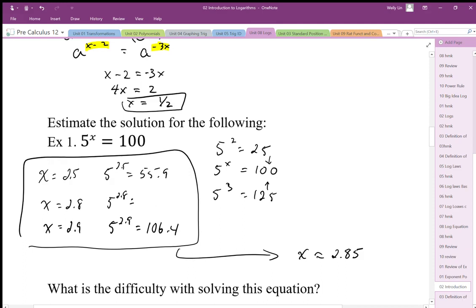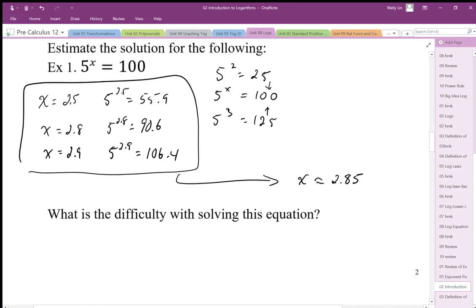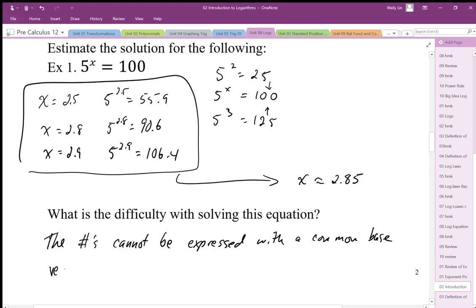Okay, but I think we need a different strategy here. Okay, so what was the difficulty? Well, the difficulty is the two numbers cannot be expressed with a common base very easily.